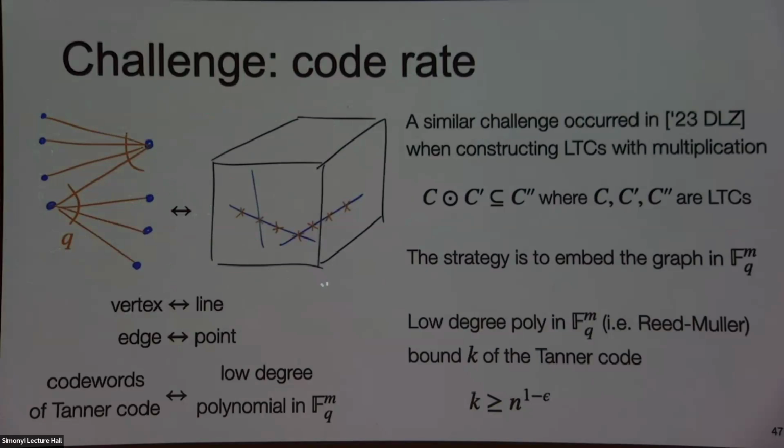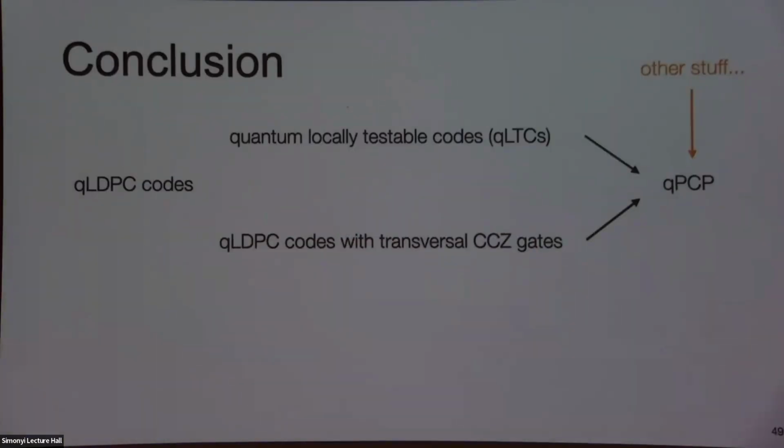The vertices we want to map into lines, and the edges we want to map to points. So two vertices with an edge between them correspond to two lines that intersect at a point. The goal is to embed, for example, a Ramanujan graph into some vector space, and we don't exactly know how to do it very effectively. So that's one of the challenges.